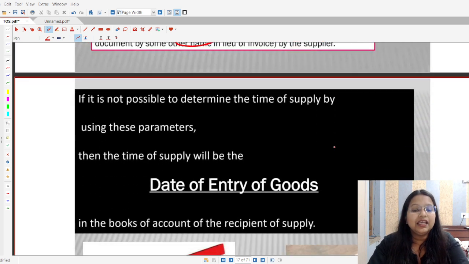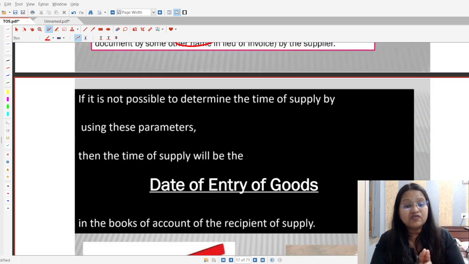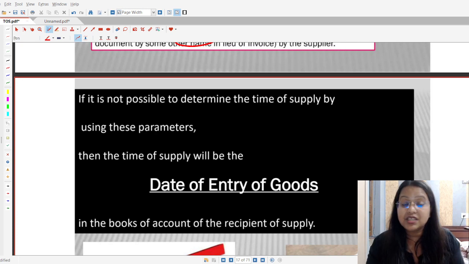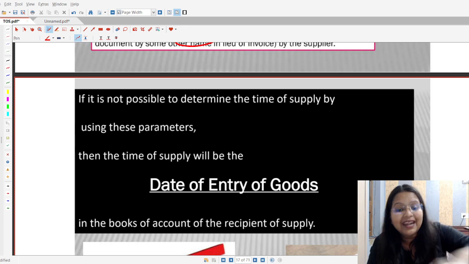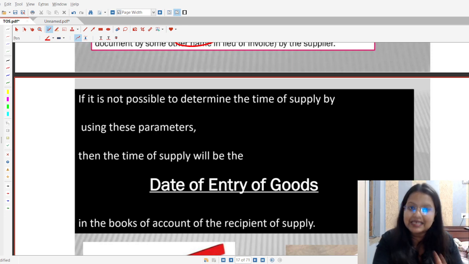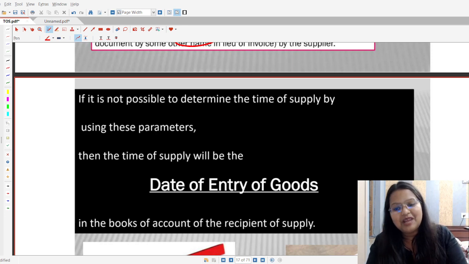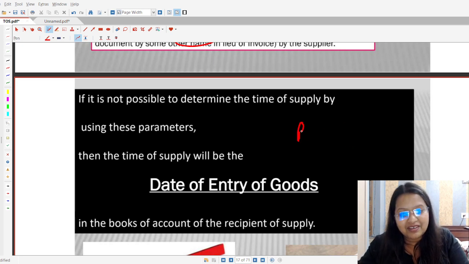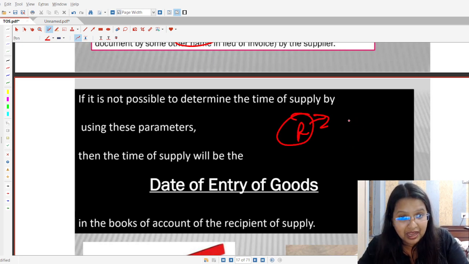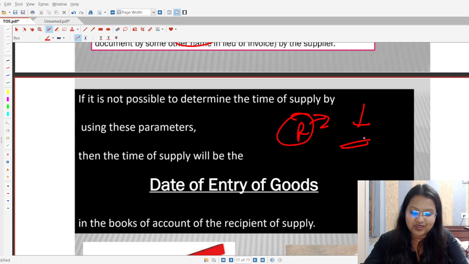But if it is not possible to determine the time of supply using these three parameters, what will happen in the case of RCM? The date of entry of goods in the books of accounts of the recipient of the supply shall be considered as the time of supply. It means when the recipient enters in his books of account that yes, I have received the goods.